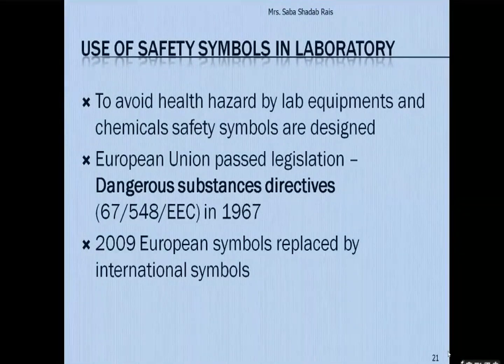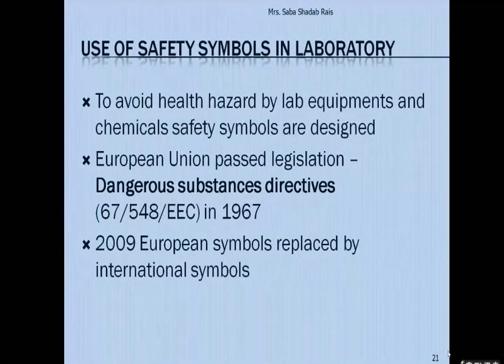They passed a legislation called the Dangerous Substances Directive. Students, you have to remember the name of this legislation. I repeat, the name of the legislation is the Dangerous Substances Directive. If it is a legislation, definitely it will have a number also.